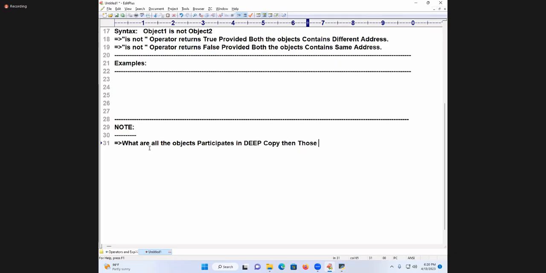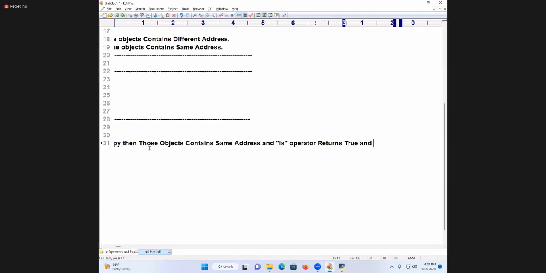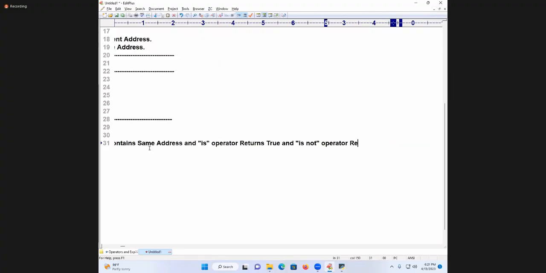Those objects contain the same address, and the is operator returns true, and the is not operator returns false. So this I can say.